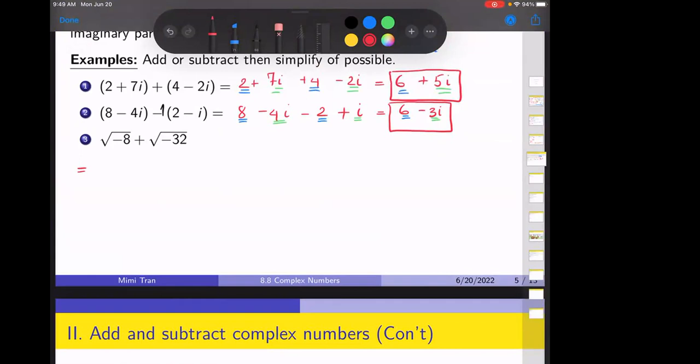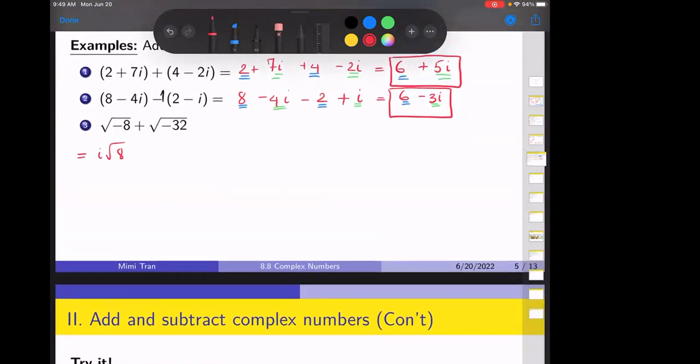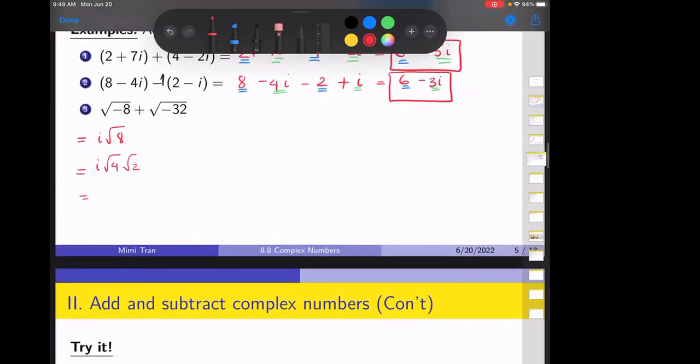First will be i root 8, and I can simplify further. i times root 4 times root 2, right? If you rearrange it, it will be 2i square root of 2.